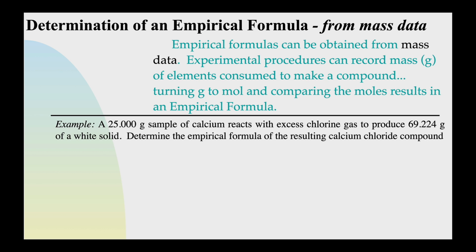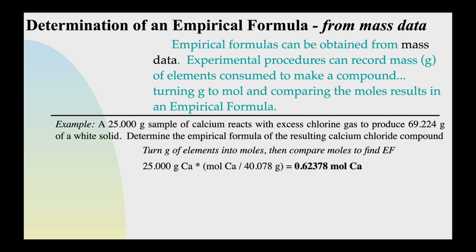That also means, which is important for us, that to find the grams of chlorine that reacted, you take 69.224 and subtract 25 from it. So in this first part of the problem, an empirical formula is always a mole ratio. If you have something like 25.000 grams, let's right away turn it into moles.